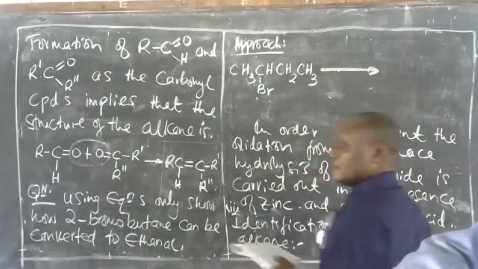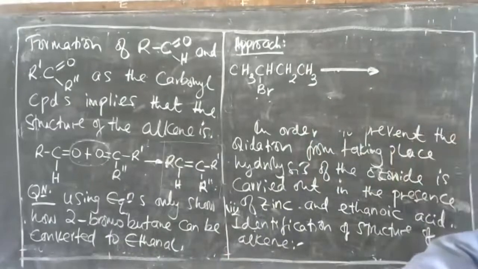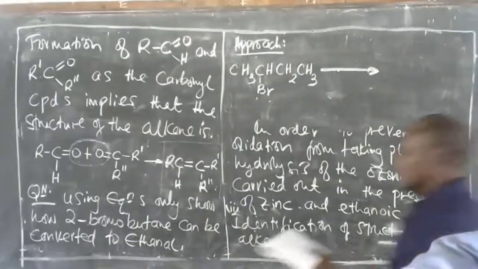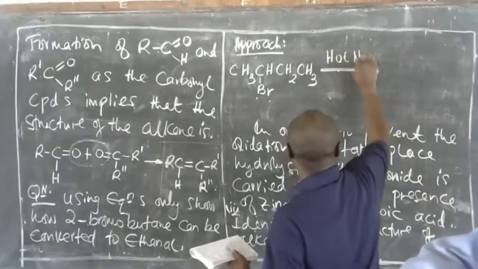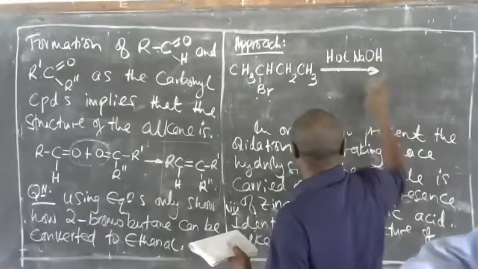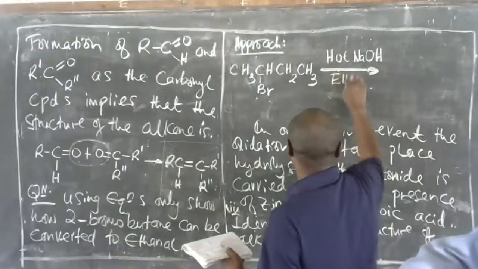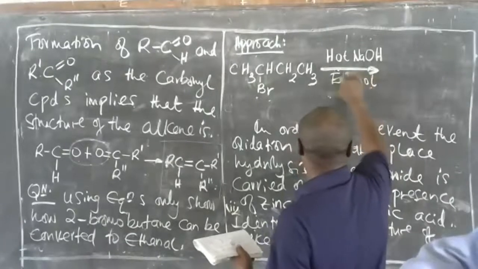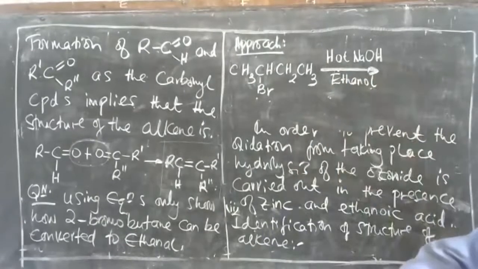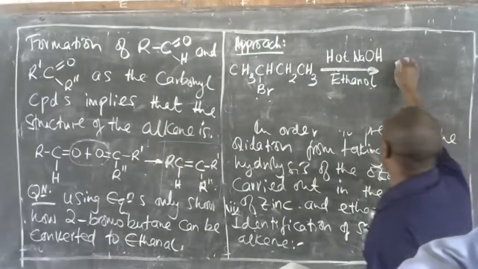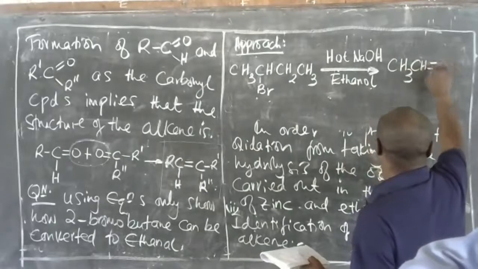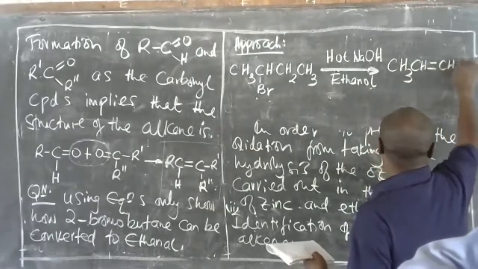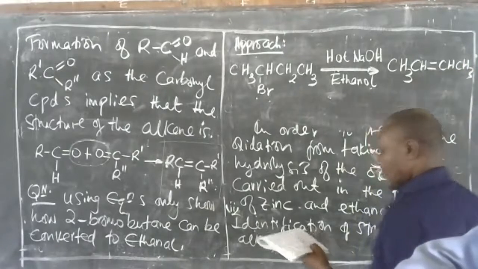Remember we looked at the synthesis of the alkenes. We say that hot sodium hydroxide in ethanol produces the ethoxide ion. This is going to give us but-2-ene, CH3 CH double bond CH CH3.